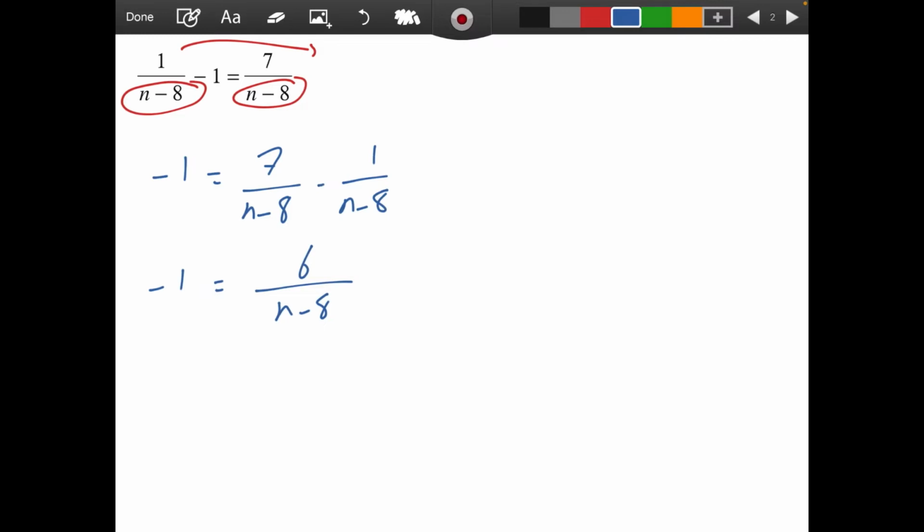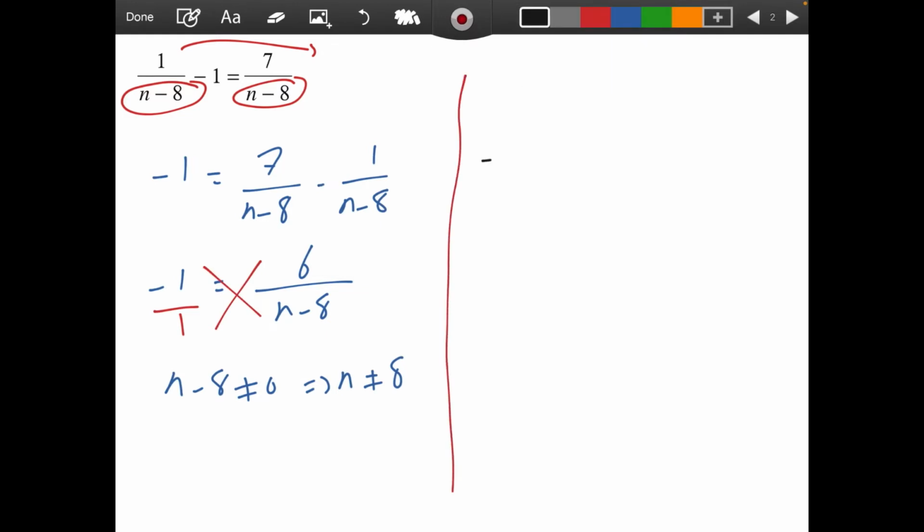Before we start solving, I need to find the restricted value. So n minus 8 shouldn't be 0, the only denominator, which means that n shouldn't be 8. So 8 is rejected. The best technique to solve this question is cross multiply, or the cross product.